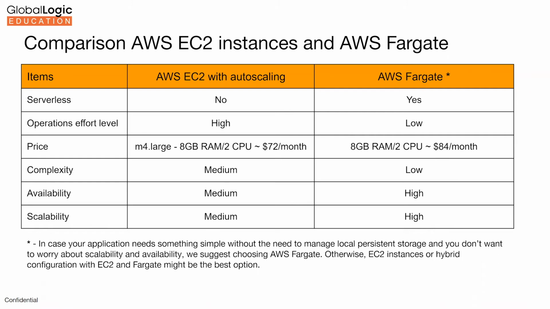With EC2, you technically can overcommit. So you can run more containers on a single node than it should support as soon as your application is not on full load. So with EC2, you have better control over resources that you provision, and it can be cheaper, especially if you use some on-prem nodes or reserved instances.